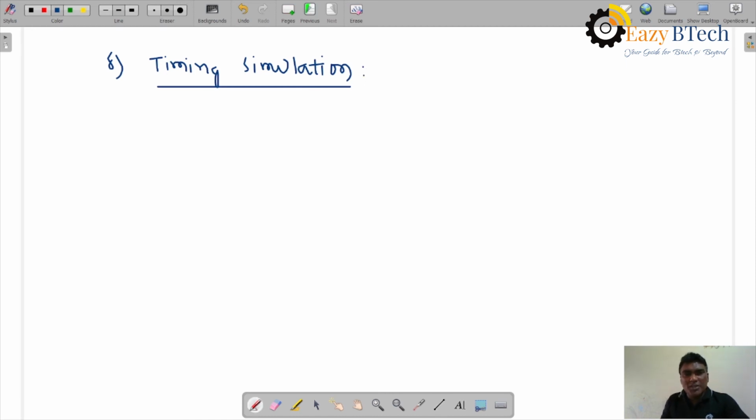So knowing the specification, knowing the time delays of logic cells and interconnections. So it is a timing simulation.